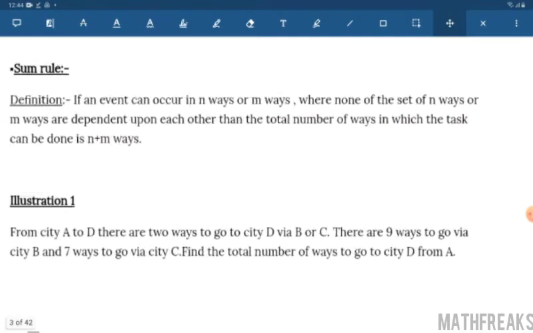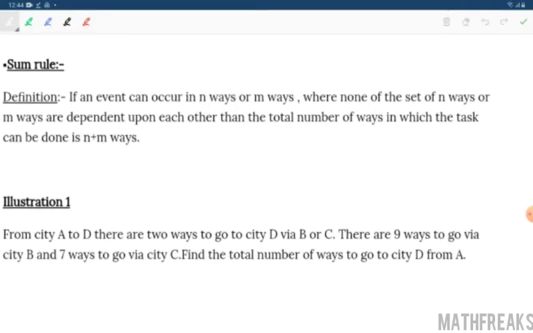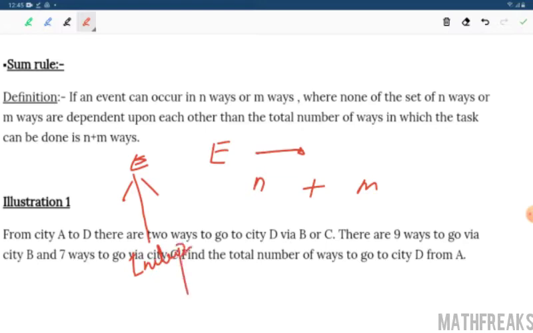What is the sum rule? If an event E can occur in n ways or m ways, then the total number of ways in which the task can be done is n plus m ways, only if the sub-events, the two ways of performing the task, are independent of each other.